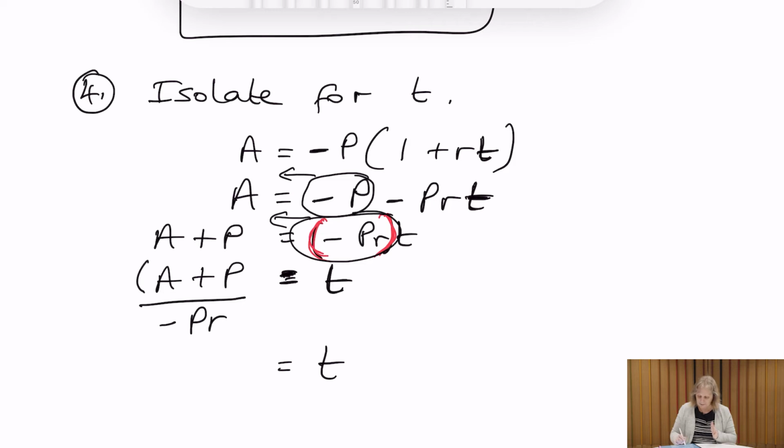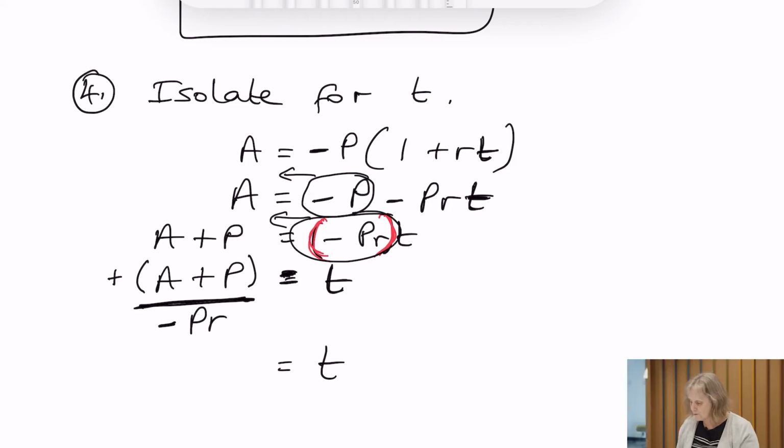So I'm just going to put some brackets around the numerator, a plus p, and then it's all over negative p times r, negative pr. So the numerator is positive overall, but the denominator is overall negative. So when we've got a positive numerator and a negative denominator, the overall value is negative.